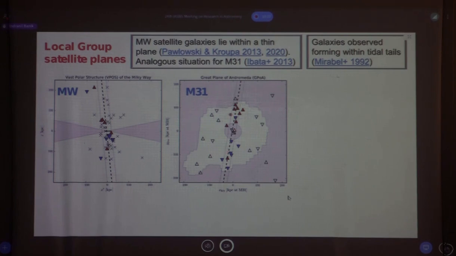I think these two. So one of the most plausible explanations for how that happened is that some kind of galaxy interaction pulled gas out of the disk of the Milky Way into a cloud of tidal debris, but it wouldn't be like a spherical cloud. It would be like a thin, dense tidal tail, which would then condense into tidal dwarf galaxies.